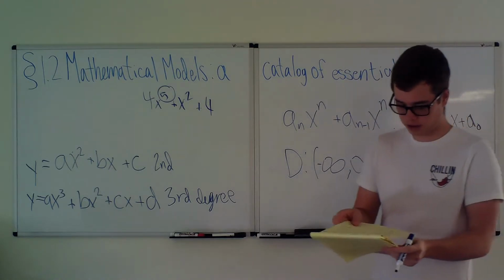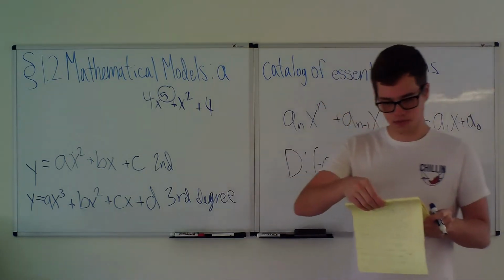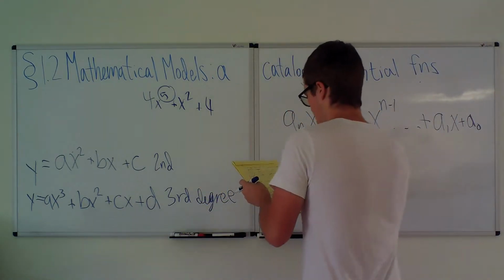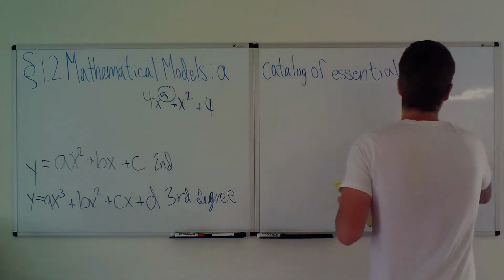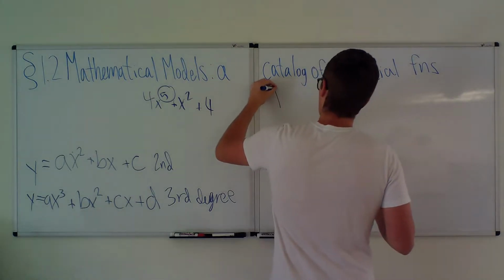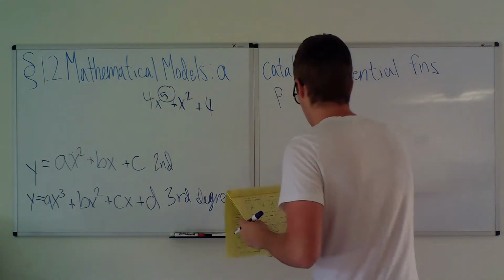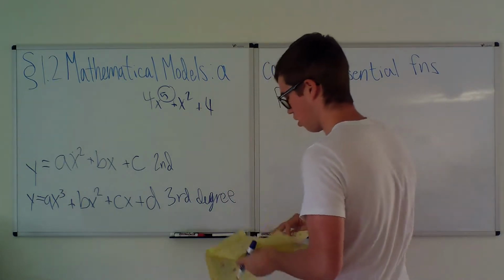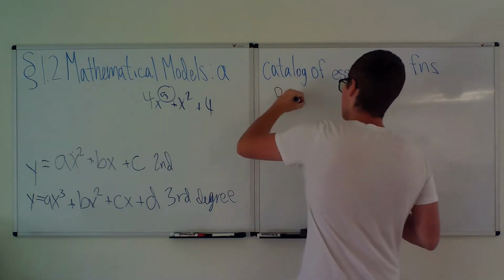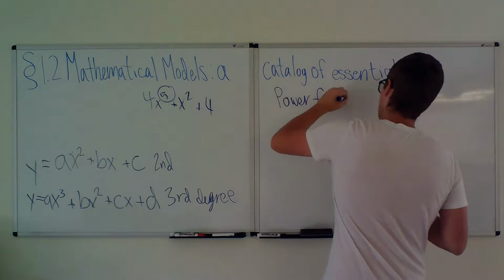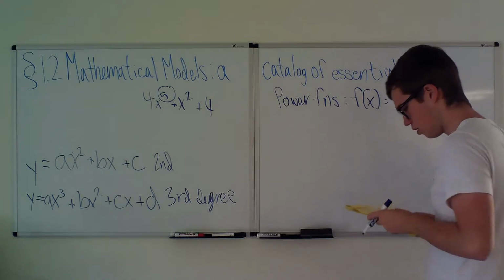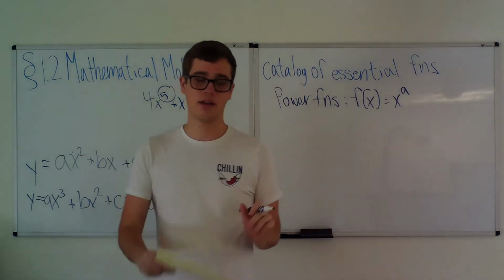So this brings us to power functions, which are special case polynomials. It's in the form f of x equals x to the a, where a is a constant positive integer.